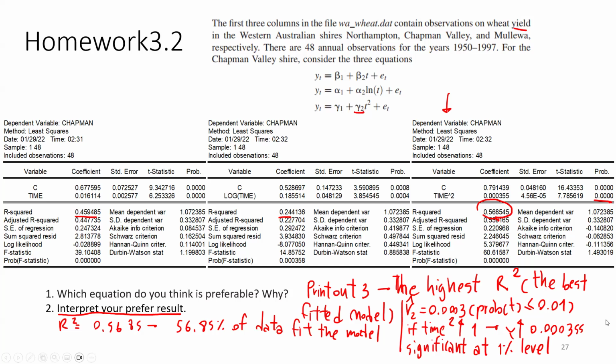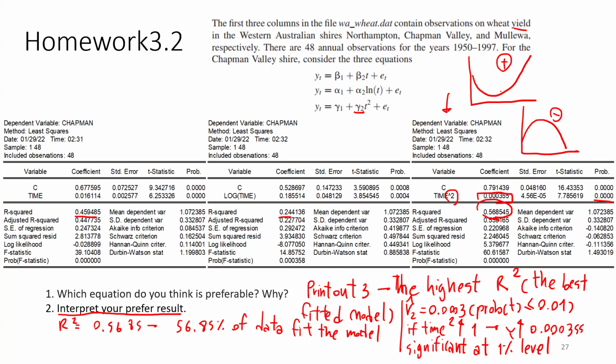If you use a square term and it's positive, it means your figure is a parabola. But if it's negative, it will be an inverse parabola, an inverse U shape like this. So it depends on the coefficient here.